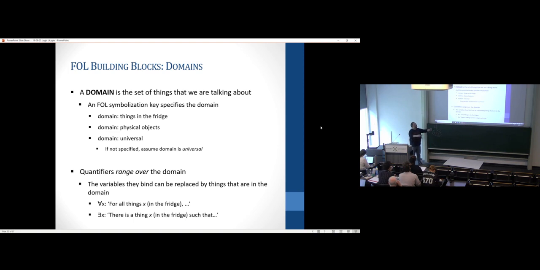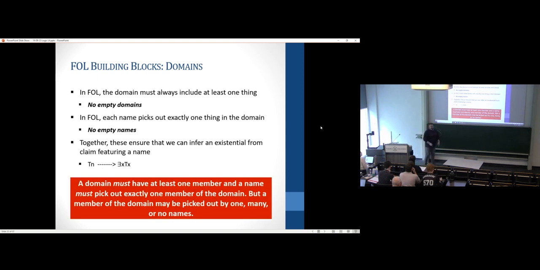Or I could talk about all of the grains of sand that are on such and such beach. Or only even numbers. Or everything. Whatever your domain is, it's literally just whatever you're talking about. And you have to make it explicit. You state it outright. We do not allow for it to be implicit. That's the important thing.